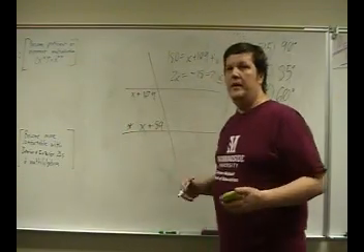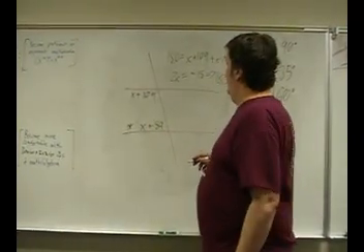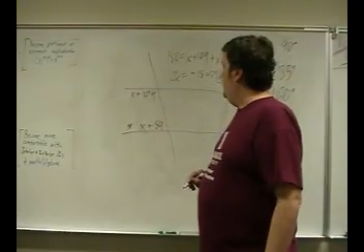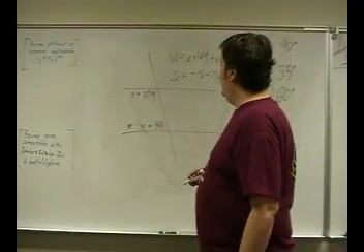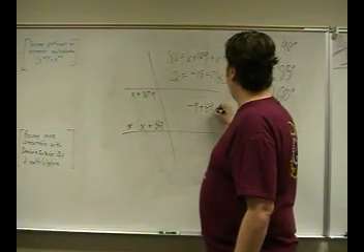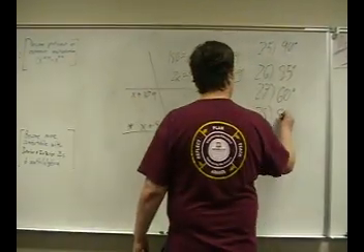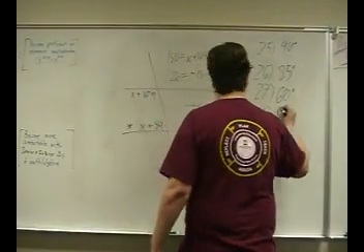Now I just surrounded it not because that's my final answer, but because it makes it easier to see. So if I need to know what this one is, I know that x equals negative 9, so I'm going to plug it in. Negative 9 plus 89 equals 80, and that is going to be the final angle measurement.